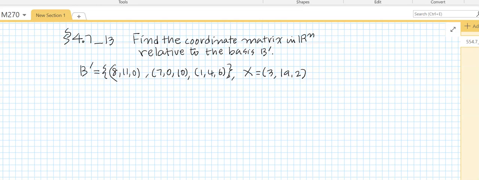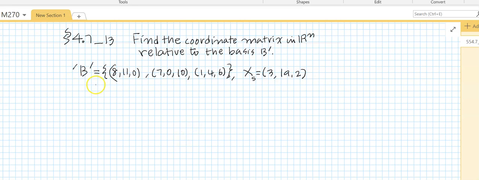Find the coordinate matrix in Rn relative to the basis B prime. So this is coordinate matrix. You can think of this one as like standard matrix. So what's going to be the coordinate matrix if you change the basis?